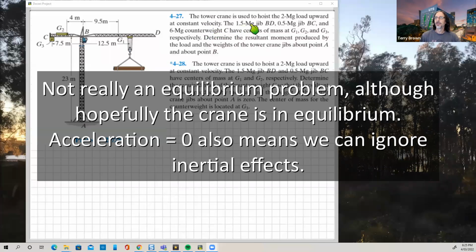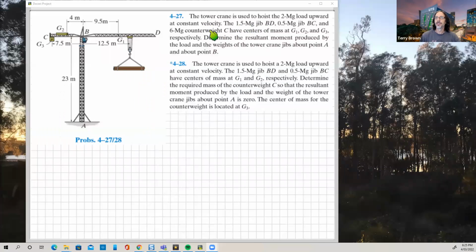And then we're given the weights, or in fact the masses, of some other components of this crane. So we've got the jib BD, so out here, and its center of mass is at G1, and we've got 1.5 megagram jib BC, which is out here, and center of mass 0.5 megagrams at G2, and we've got this mass counterweight here at G3 of 6 megagrams.